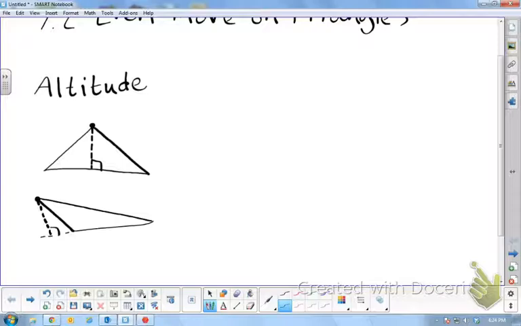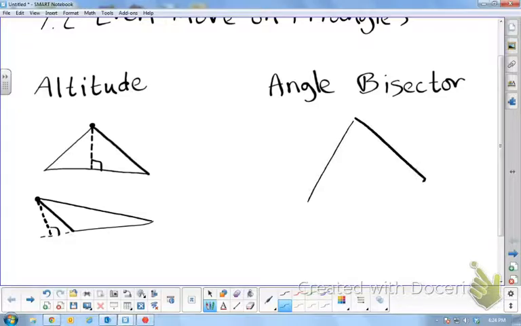So the second line we learned to draw was the angle bisector. Remember, the angle is inside of the triangle. If I look at one of my angles, angle bisector means we're going to draw a line that cuts that angle in half.